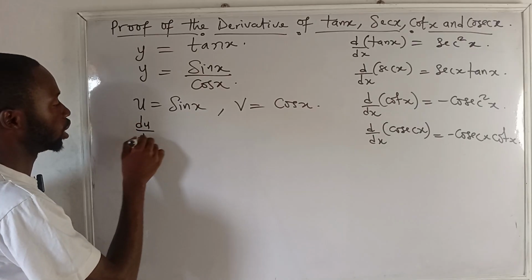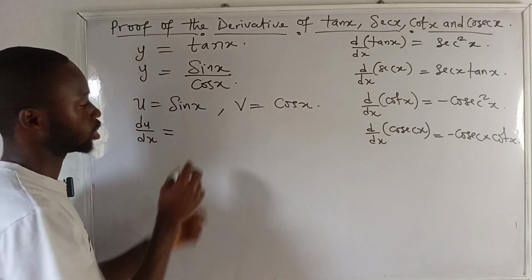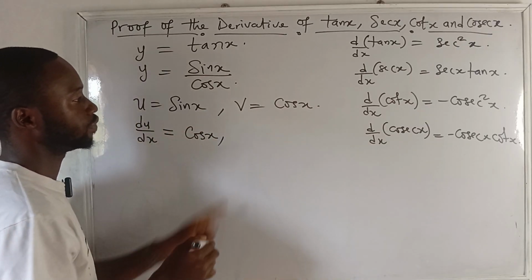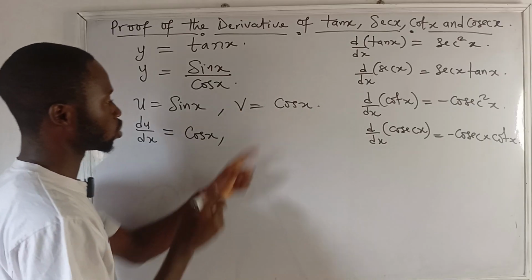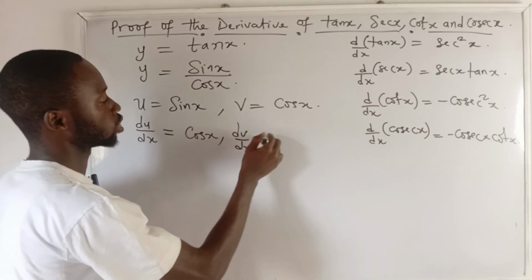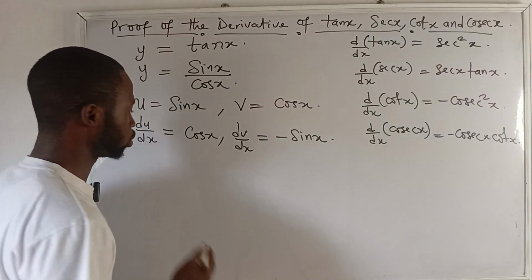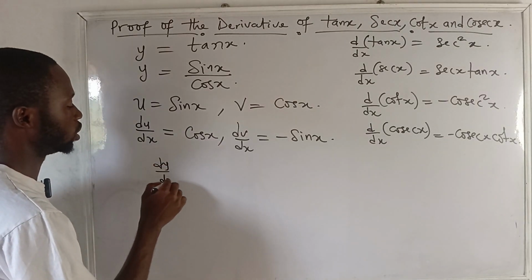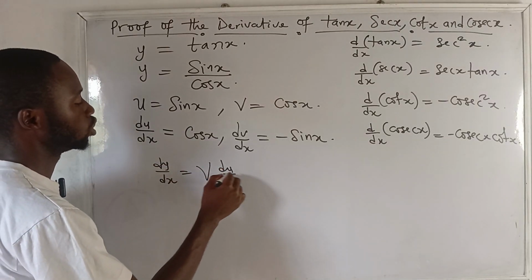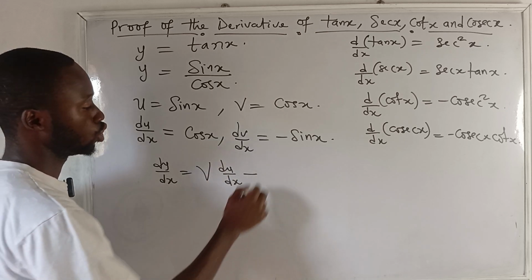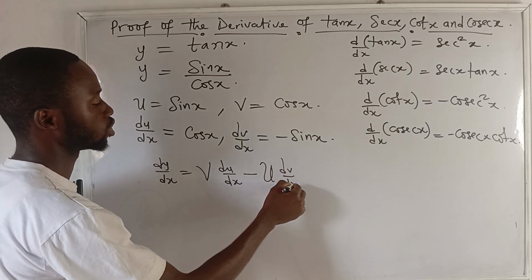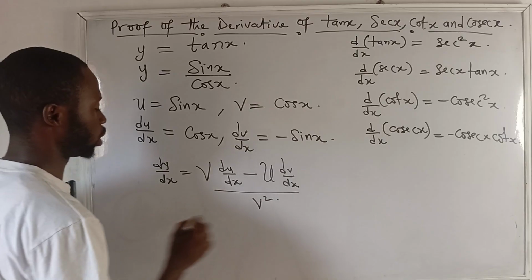So du dx, the derivative of sine x, is cos x, and the derivative of cos x gives us minus sine x. Now let's write out our quotient rule formula. That is dy over dx equals v du dx minus u dv dx all over v squared.